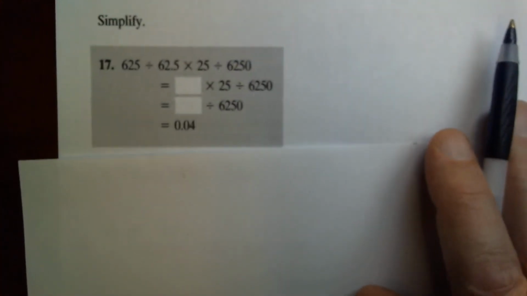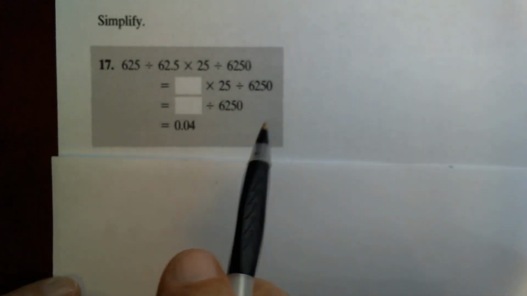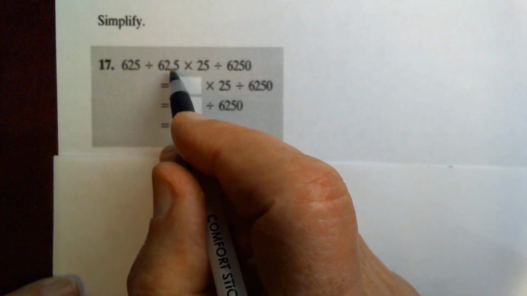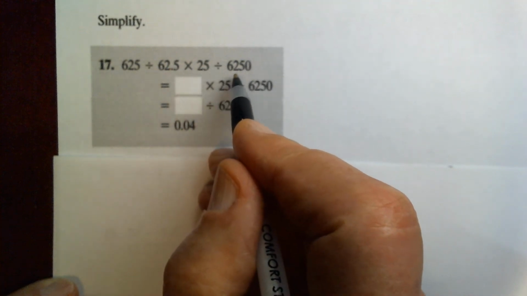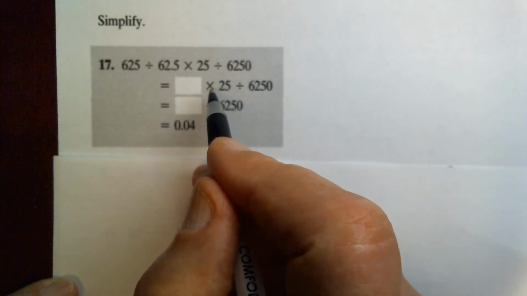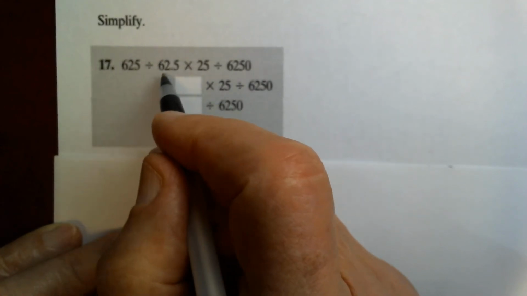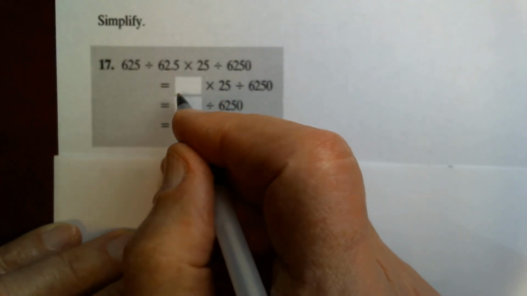And so number 17, we're asked to simplify an expression. It begins with 625 divided by 62.5 times 25 divided by 6,250. So going from left to right, 625 divided by 62.5 is 10.